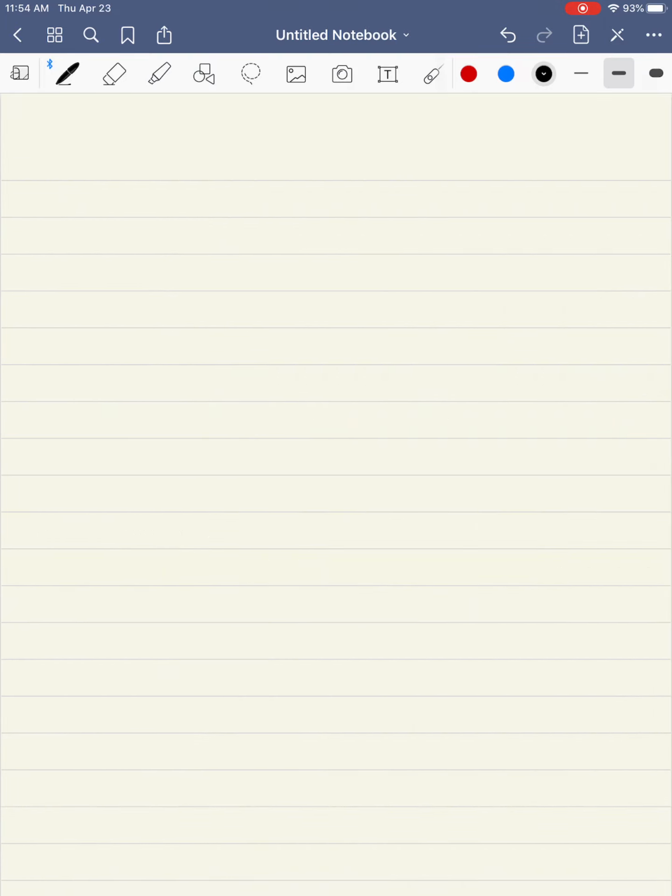Okay, one more, also using differentials. It says use differentials to approximate the square root of 9.4. Well, we know that the square root of 9 is 3, right?